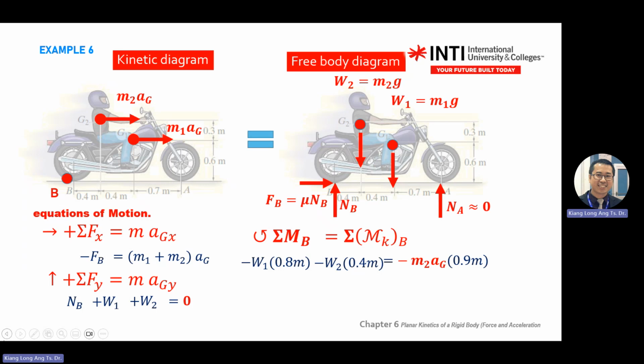So you have 2 moments, one is G1, one is G2. Got 2 moments from the kinetic diagram. This one anti-clockwise, clockwise. This one also clockwise, but you put anti-clockwise as positive. That's why negative, negative.